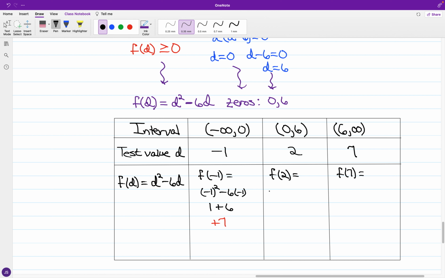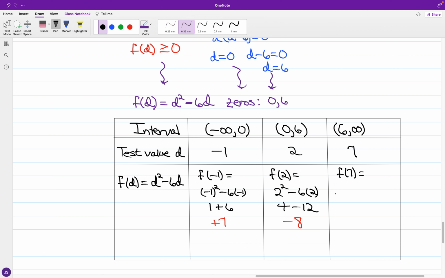Now for f of 2, d squared translates to 2 squared, minus 6 times d translates to -6 times 2. 2 squared is 4. -6 times 2 is -12. And 4 minus 12 comes out to -8.